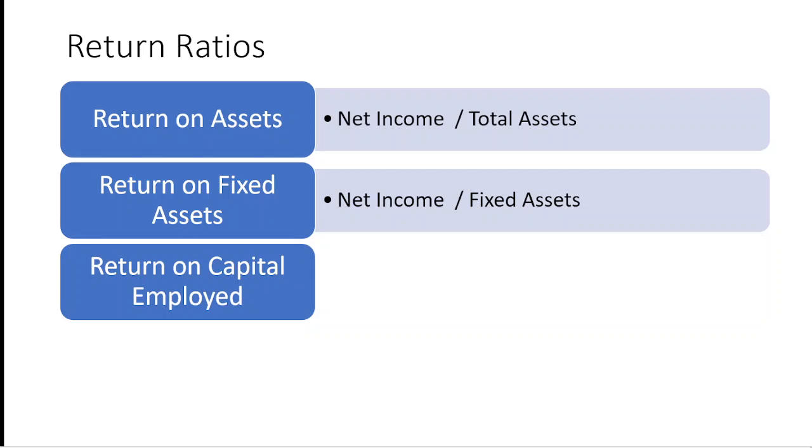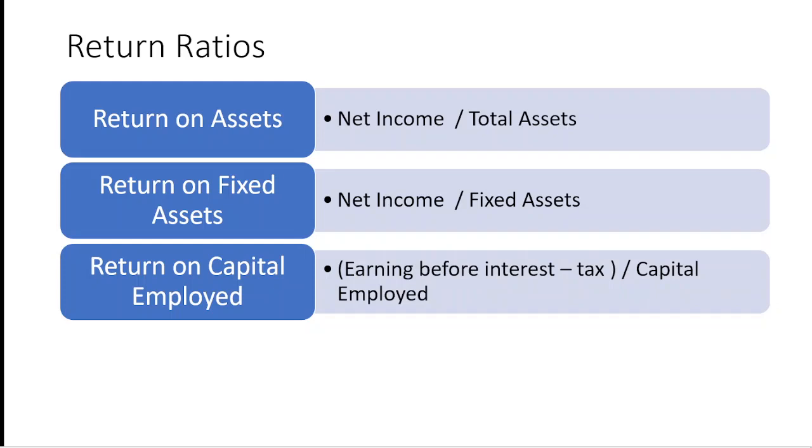That's why another variation is called return on capital employed. Another difference between return on capital employed and return on assets is that return on assets is calculated using net income, while return on capital employed is calculated by earnings before interest minus the taxes. Or in another way, we say net income plus the interest portion.